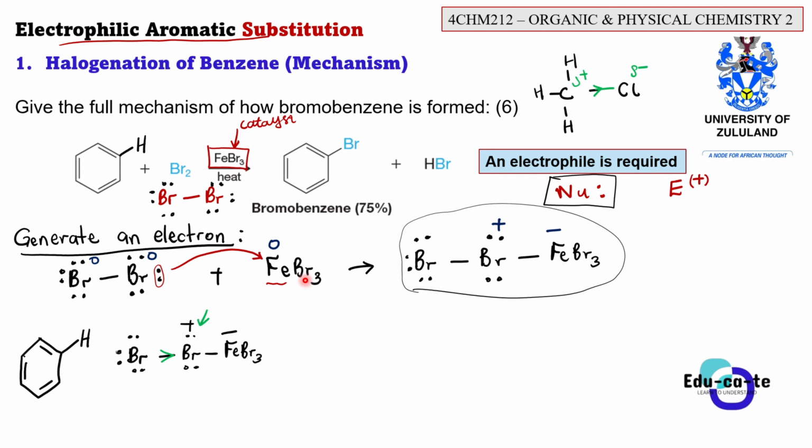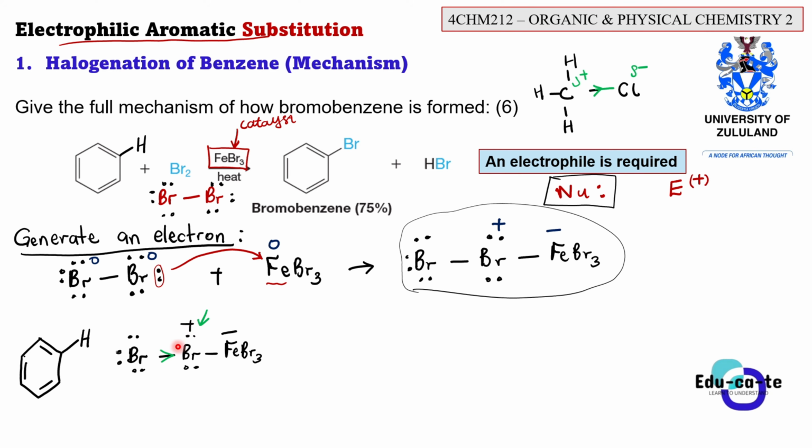But now what happened here? The moment we reacted with this ferric bromide, what happened? This lone pair of electrons was removed from this bromine and it was donated to the empty orbital of Fe. Okay, and if it's donated to the empty orbital of Fe, Fe has become negative, but this Br has become positive, or electron poor, because it now has a shortage of electrons.